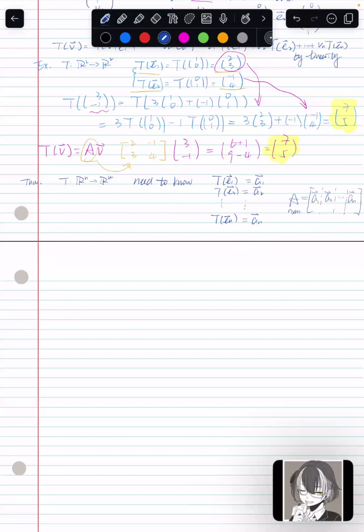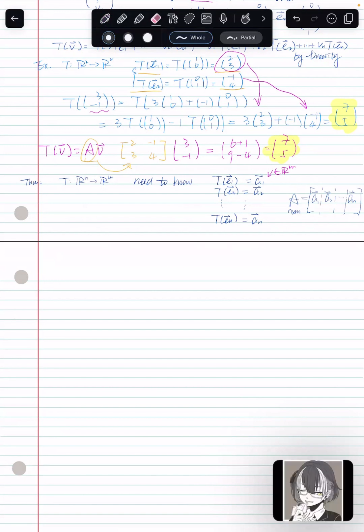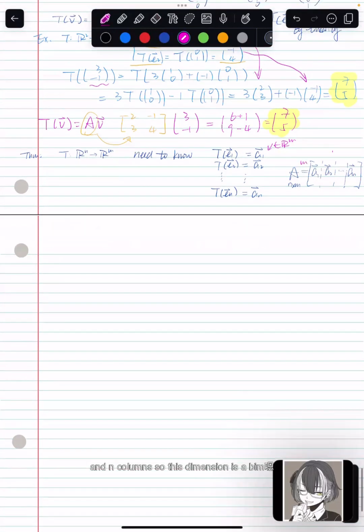Okay, so we know that this transformation is from Rn to Rm. So basically all these vectors have m entries and they belong to Rm. So then there are m rows and n columns. So this dimension is m by n.